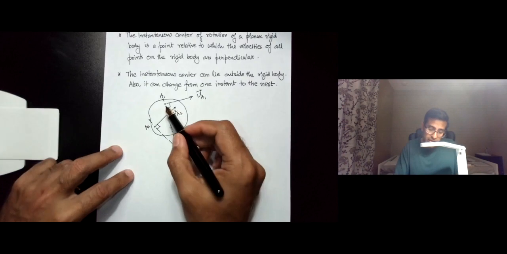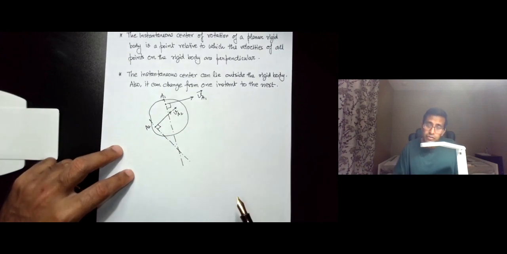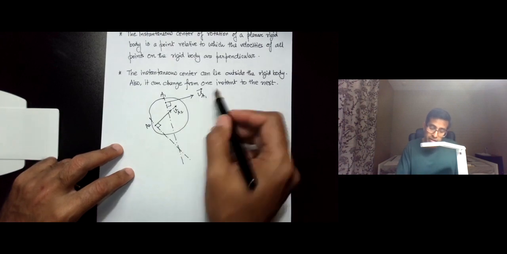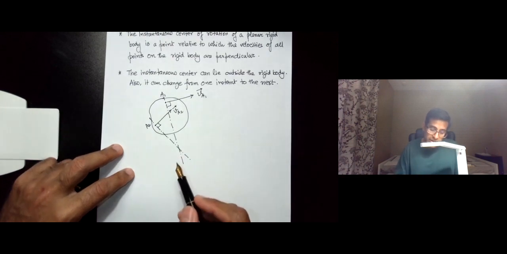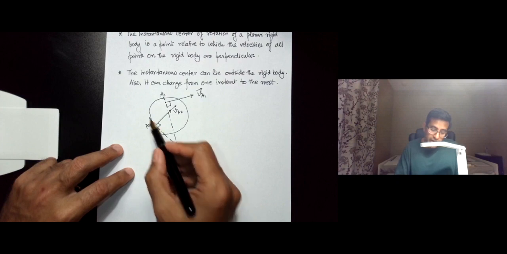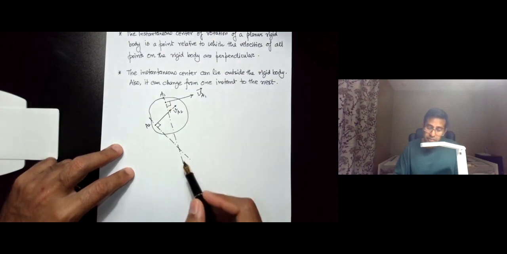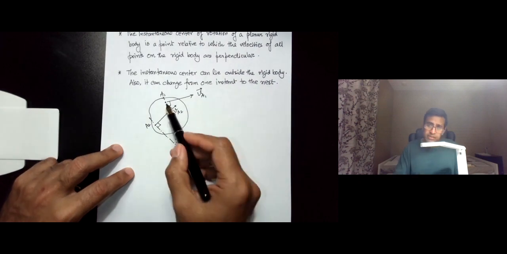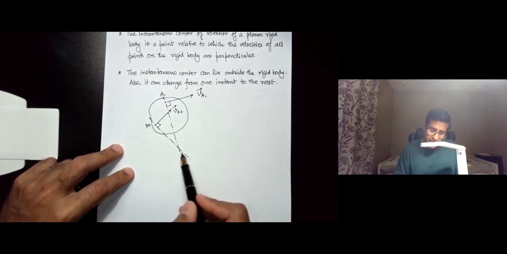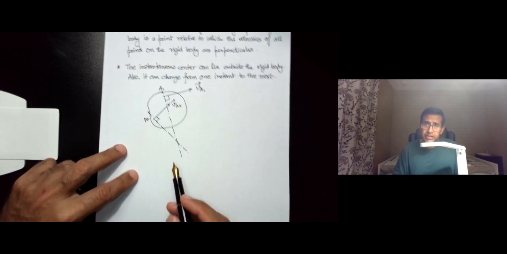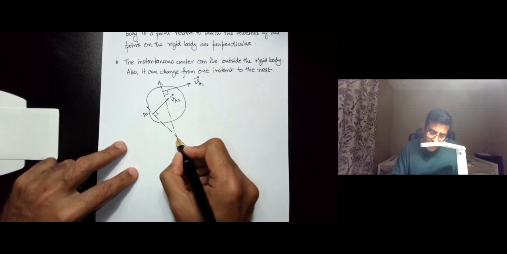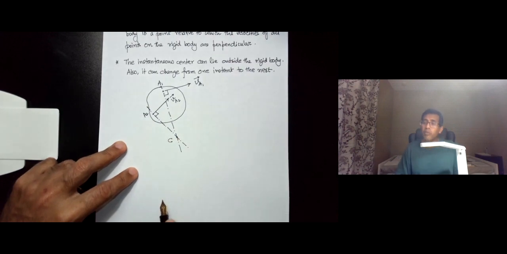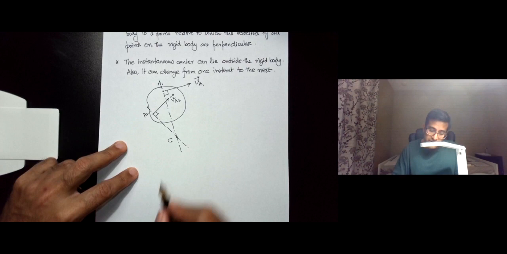So you see that if I know the velocities of 2 points on the same rigid body, their magnitude and directions, then by using this geometric method where I draw a line perpendicular to the velocity of A1 and another line perpendicular to the velocity of A2, I can, by looking at the intersection, find out where the instantaneous center is.